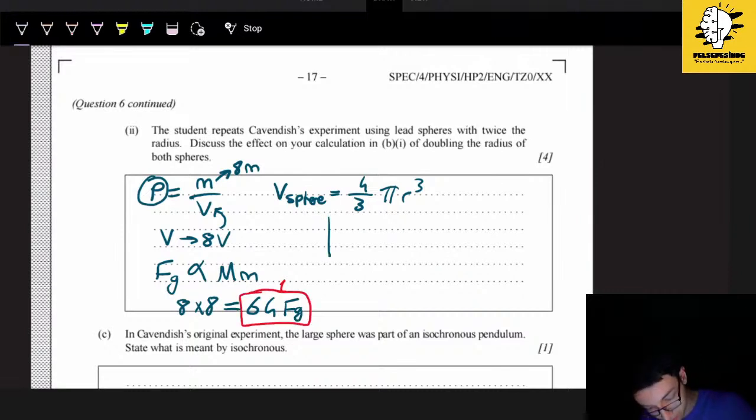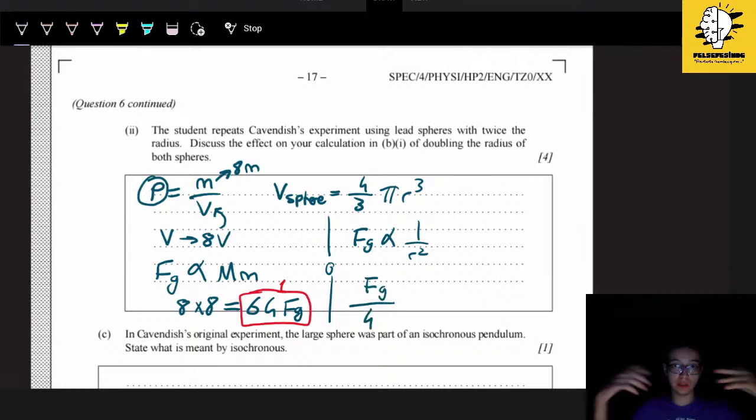Secondly, we have the separation. The separation of the two spheres is doubled due to the doubling of the radius. We know Fg is proportional to 1 over r squared, so it will be Fg over 4. Separation is doubled, so the gravitational force is quartered.